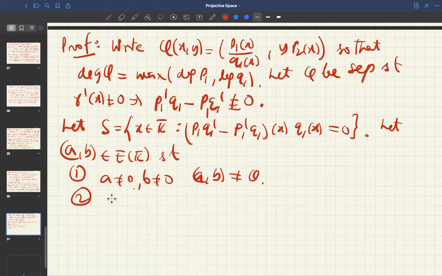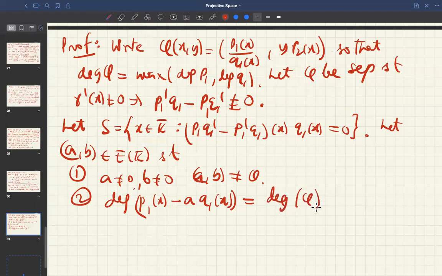The second property is that the degree of p1(x) minus a q1(x) is the maximum of the degrees of p1 and q1, which is just the degree of phi.